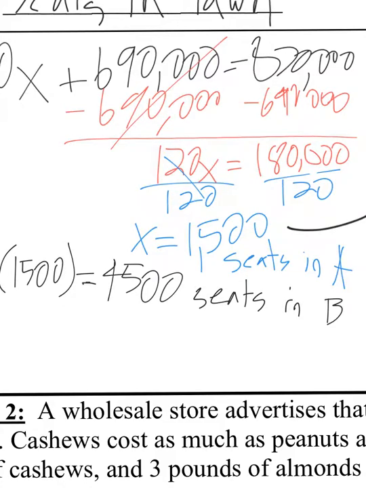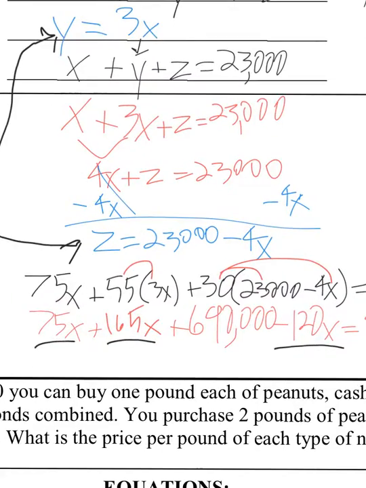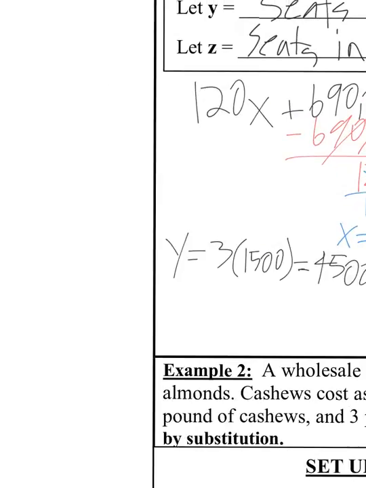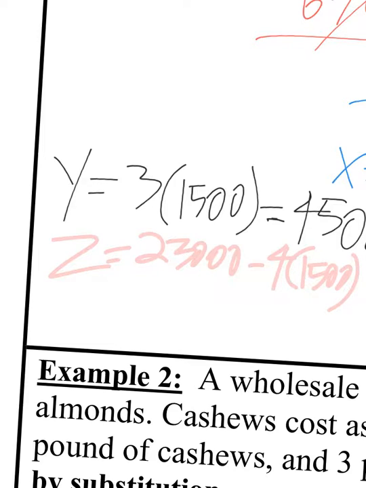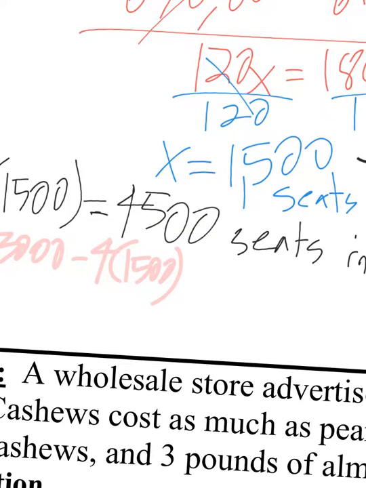And then we have the z is 23,000 minus 4x. So z equals 23,000 minus 4 times 1,500. All right, you type that into your calculator, you're going to get 17,000.